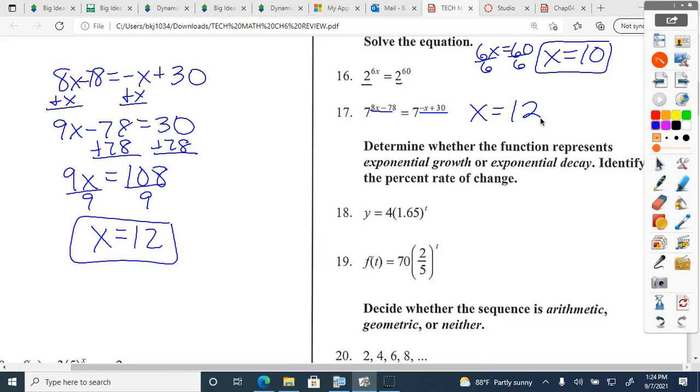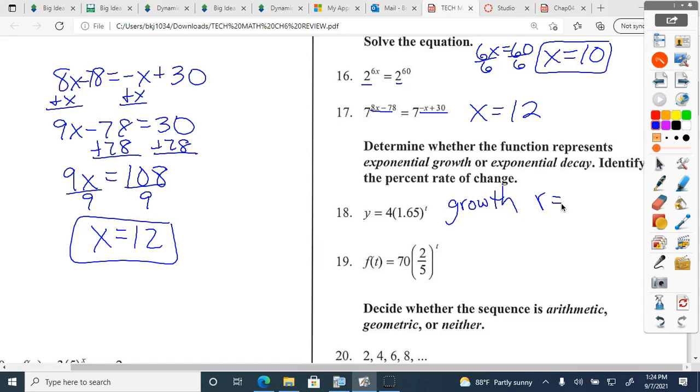18 and 19. We're back to finding growth or decay. And it's back to the easy ones. That 18, is that growth or is that decay? Growth. And how much growth? Because it does say, what's the percent rate? 1.65.